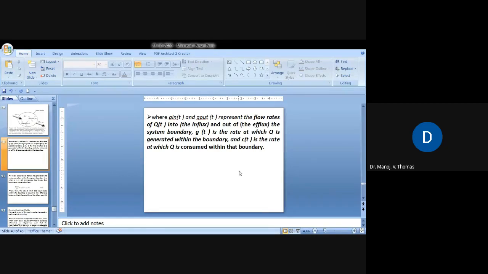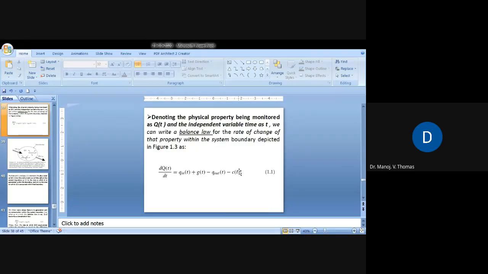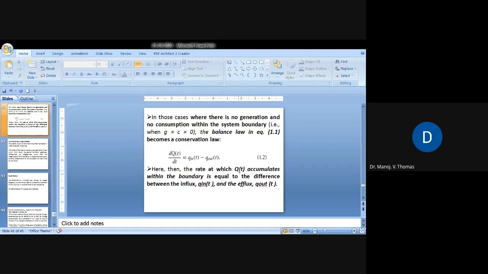Considering all these things, we generate this equation for the rate of change of the particular property. In cases where there is no generation and no consumption inside the system, G and C will be 0. So the original equation reduces to dQ(t)/dt equal to Q_in(t) minus Q_out(t), influx minus efflux.